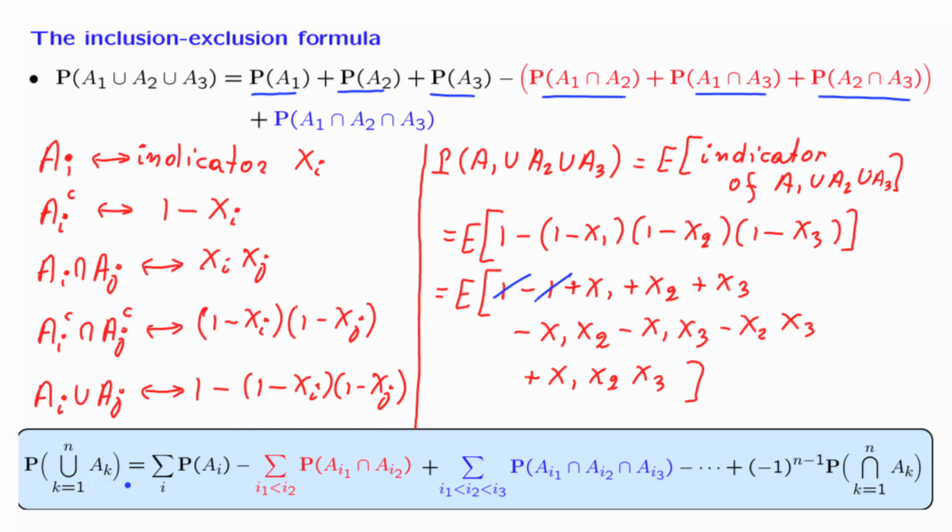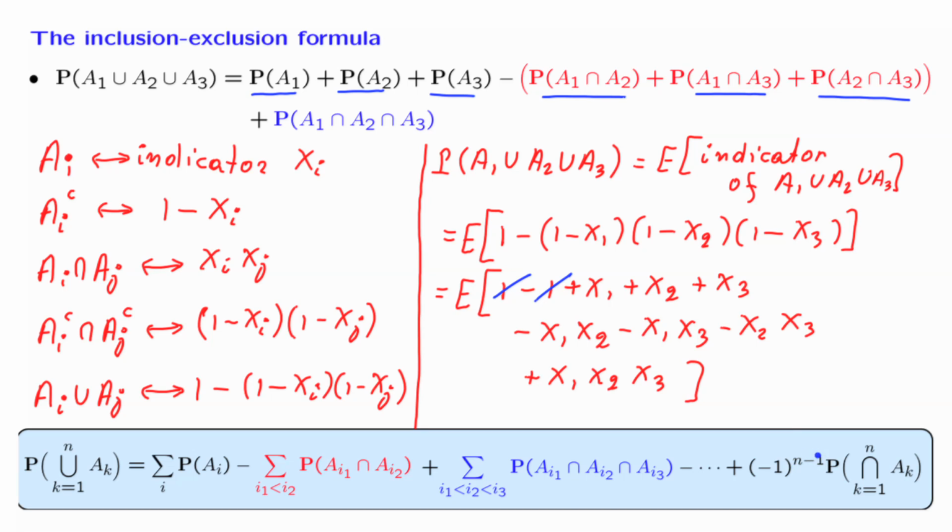So the probability of a union is, there's the sum of the probabilities, but then you subtract all possible probabilities of two-way intersections. Then we add probabilities of three-way intersections. Then you subtract probabilities of four-way intersections, and you keep going this way, alternating signs, until you get to the last term, which is the probability of the intersection of all the events involved.